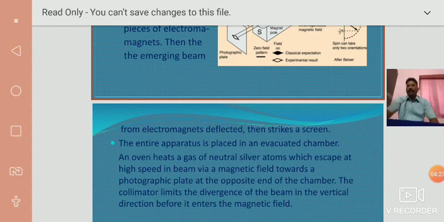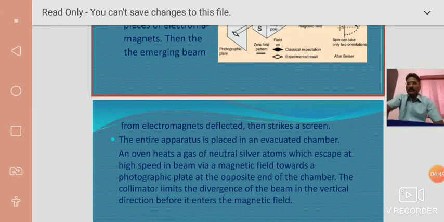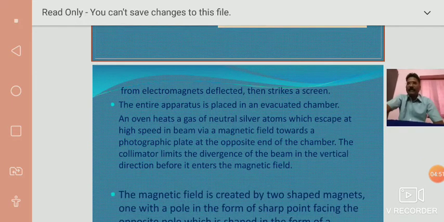An oven heats a gas of neutral silver atoms, which escape at high speed in a beam via a magnetic field towards a photographic plate. At the opposite end of the chamber, the collimator collimates the divergence of the beam in the vertical direction before it enters the magnetic field.